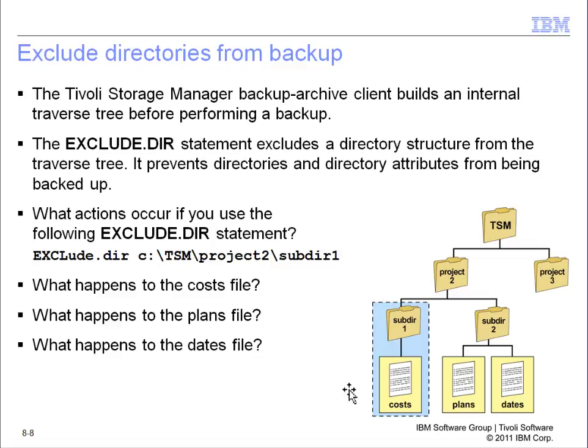That means the cost file will not be backed up. Plans and dates will be backed up because they're in subdir 2. Now, one of the things about the exclude dir statement is it's going to be processed first, regardless of its position in the include-exclude list. So any objects in that directory will automatically be removed from processing.